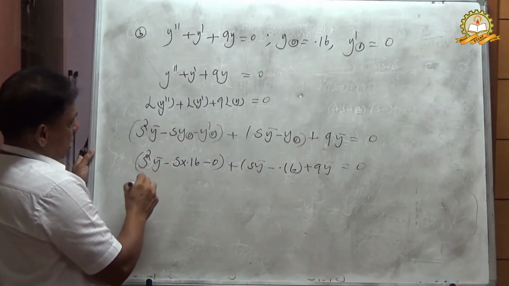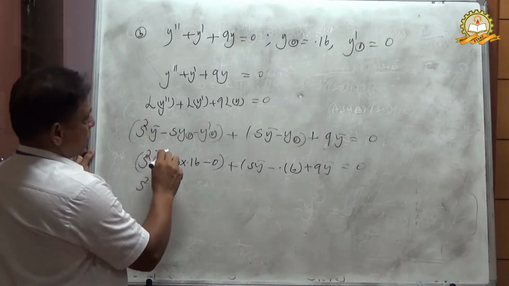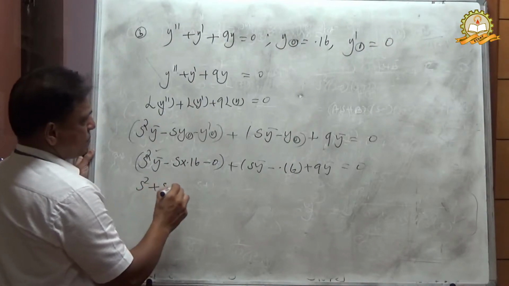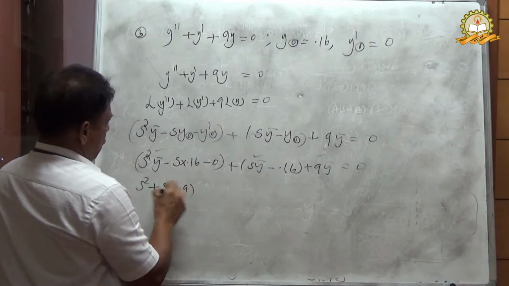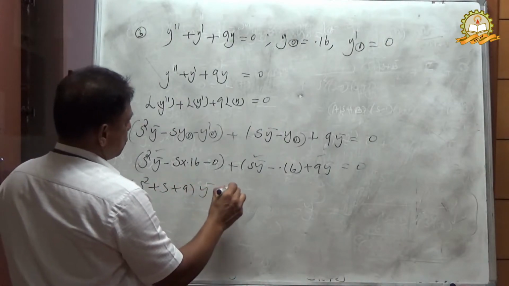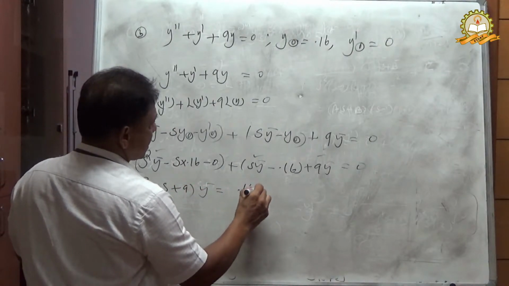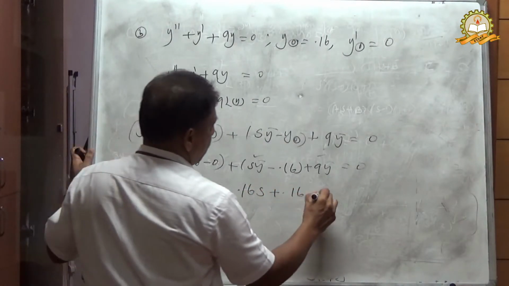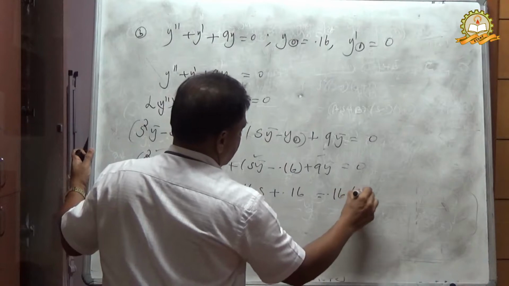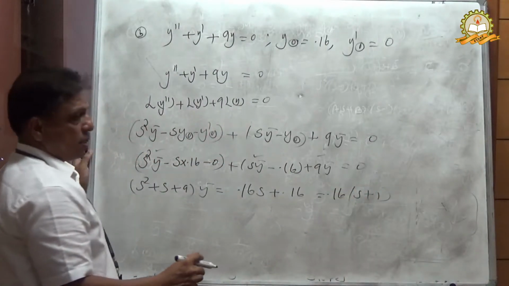Then s square plus s plus 9 into y bar is equal to 0.16s plus 0.16. That is 0.16 taken outside, s plus 1.